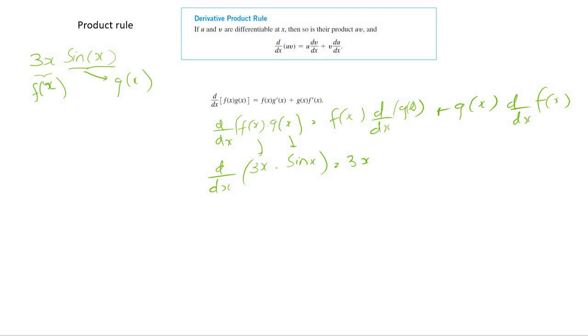We just learned that it is cos x, plus g(x), which is sin x, times the derivative of 3x. We know it's 3. So that's using the product rule on this function, where it comprises two functions, 3x and sin x.